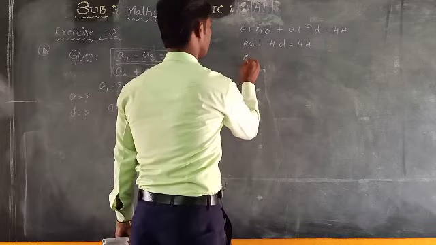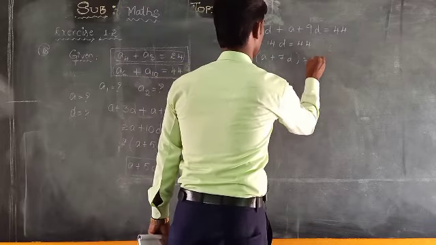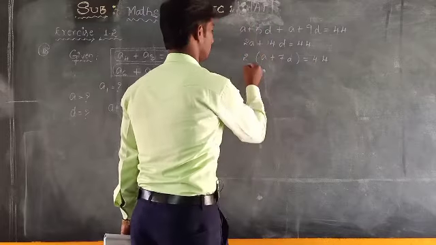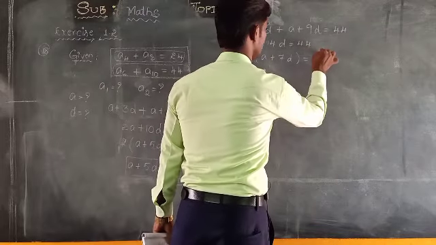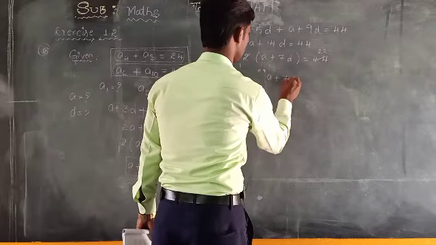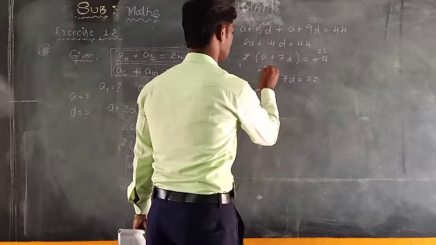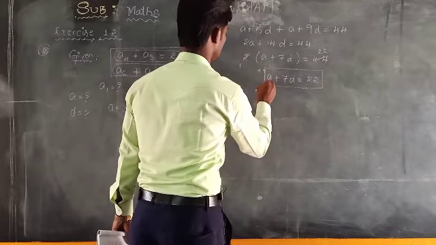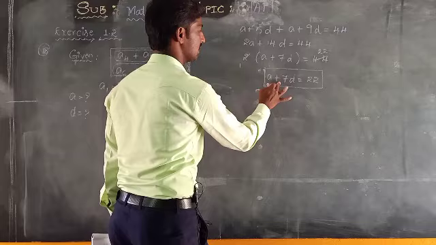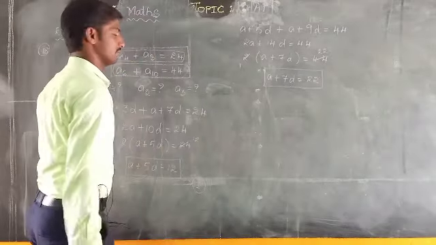Again take 2 as a common factor: 2 times (A plus 7D) equals 44. So A plus 7D equals 22, since 2 twenty-twos are 44. A plus 7D is nothing but the 8th term.